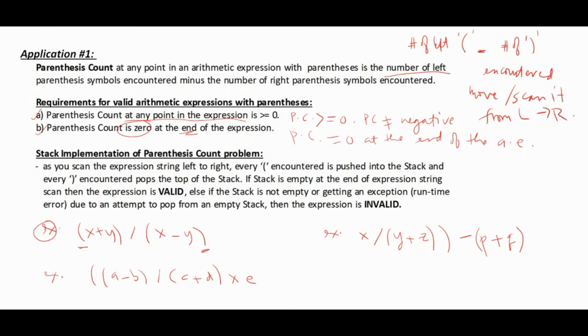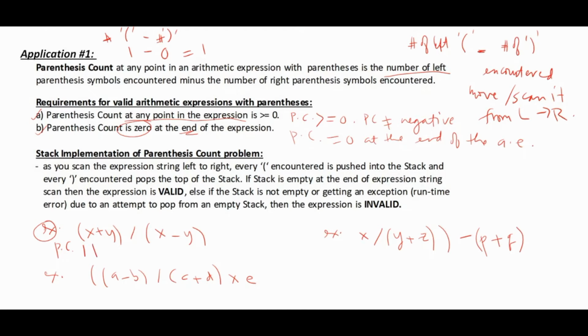So at the leftmost character, what is the parenthesis count value? Number of left minus number of right. So number of left is 1 minus, at that point, you have not encountered any right parentheses yet, so this is 0. So parenthesis count is 1. At this point, it is also 1.